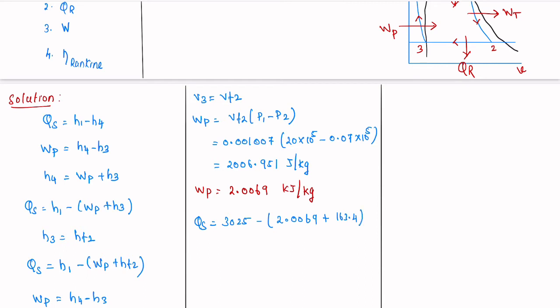By calculation, you can get the value of QS is equal to 2859.79 kilojoule per kg. Now we have found out the value of heat supply.